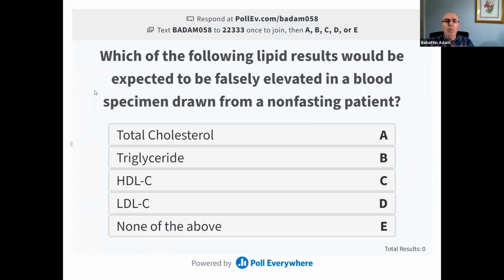The lipid result will be falsely elevated in a blood specimen drawn from non-fasting patients. If you withdraw blood from a patient who is non-fasting, which of these will be affected?